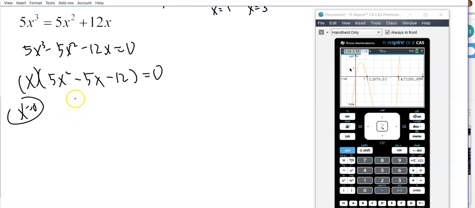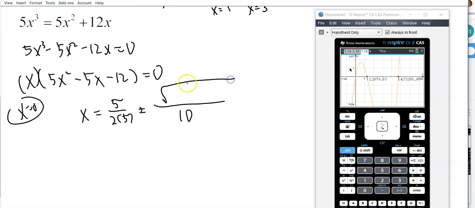So I'm just going to do the quadratic formula. 5 over 2 times 5, plus or minus the square root of 25 minus 4 times 5 times negative 12. So it's going to be adding a number there.